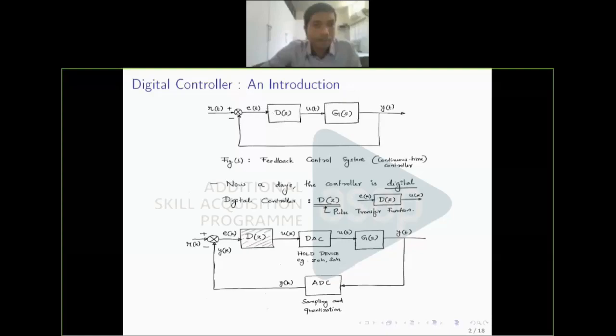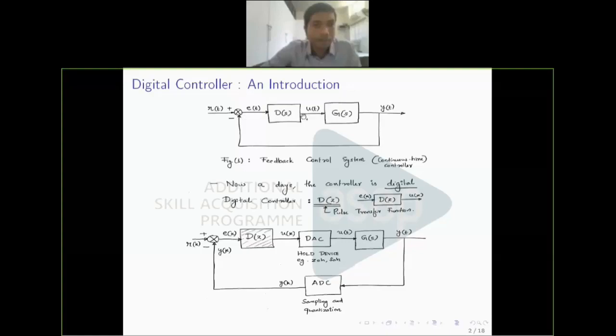If you are using a PID controller, you need some circuit which implements the PID, for example op-amp circuits, or if you are implementing some other analog controller, you need some analog devices, because you are giving the error input as a function of time, and you must be able to obtain the output of the controller also as a function of time.